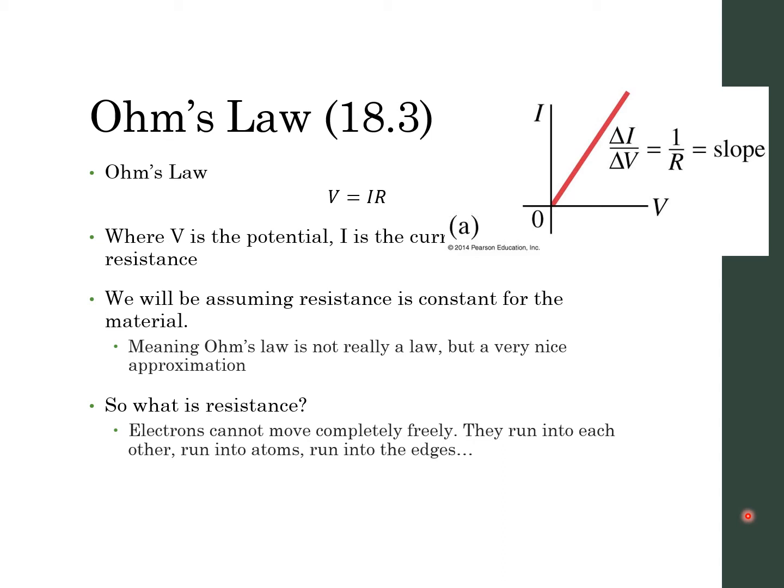In this case, the electron's putting effort into overcoming running into literally anything and everything it can. And so with this resistance, there are going to be a couple of different things that influence it. We'll get to those a little bit later, but first we want to look at the SI unit for resistance.